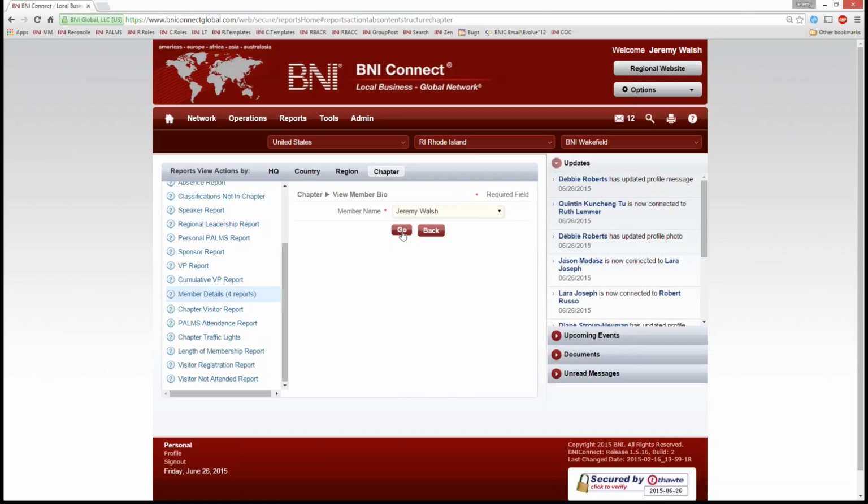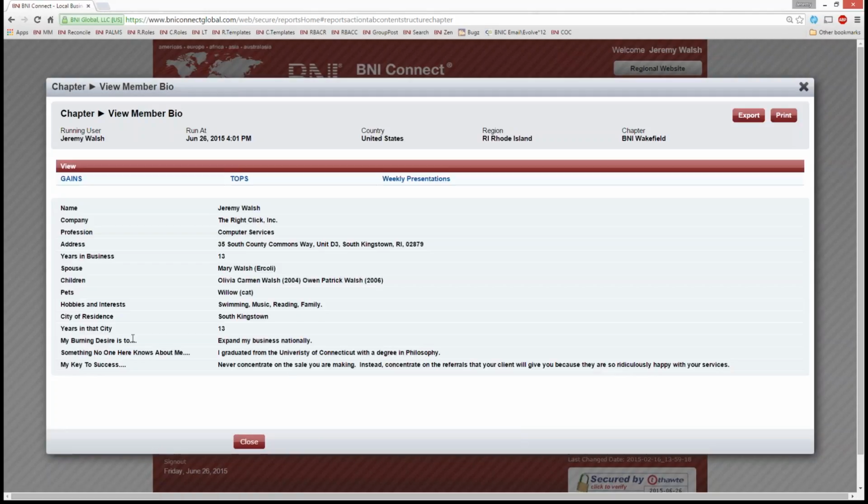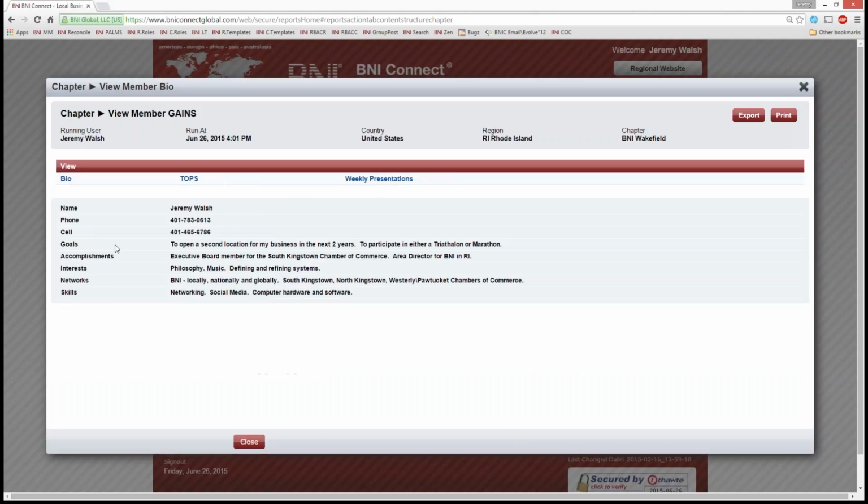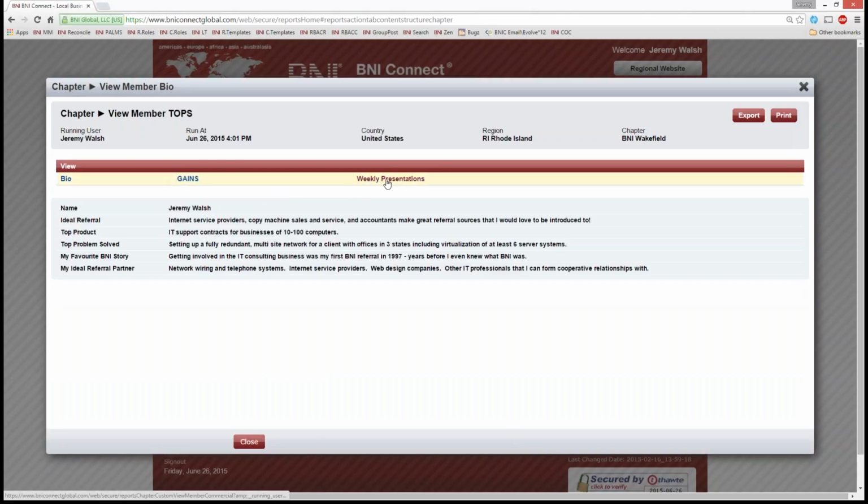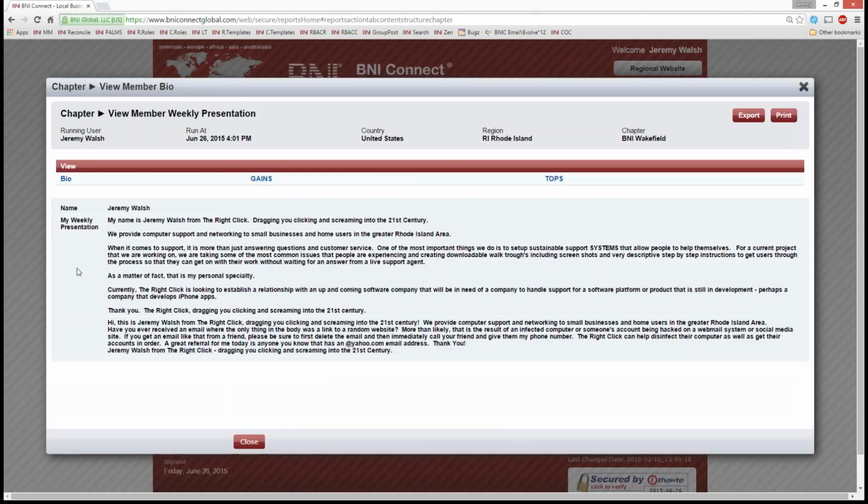And as long as they've filled out their bio in BNI Connect, this is the bio form that we've always handed out in BNI. So the years in business and the key to success and all of that stuff is on this particular report. You can also, if you want to, flip right over to their gains profile and their tops profile and their weekly presentations. So you can view all that information as well.